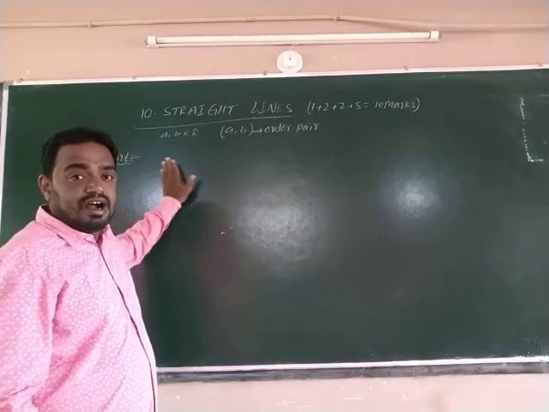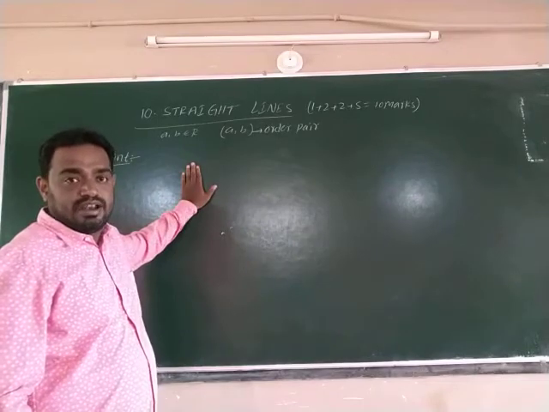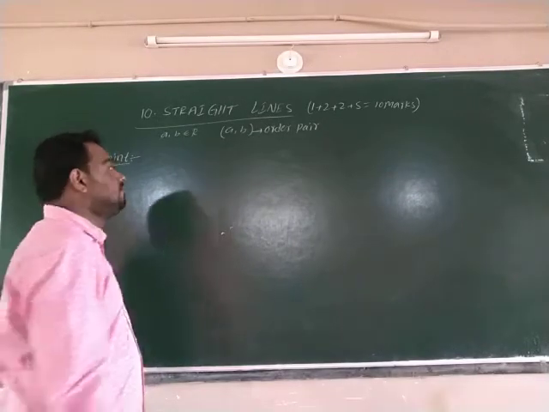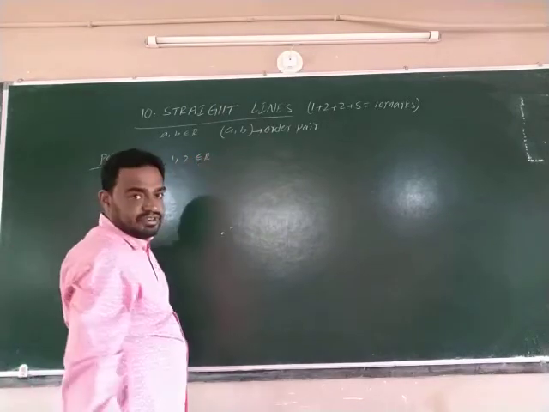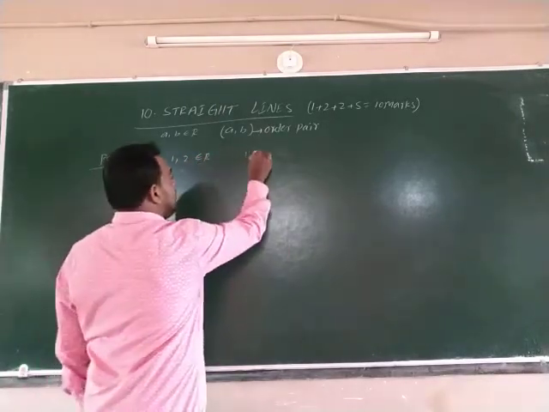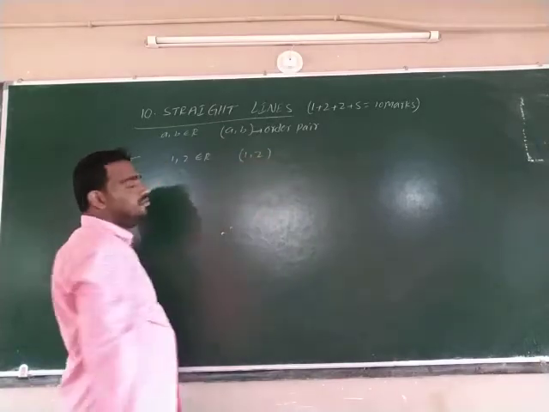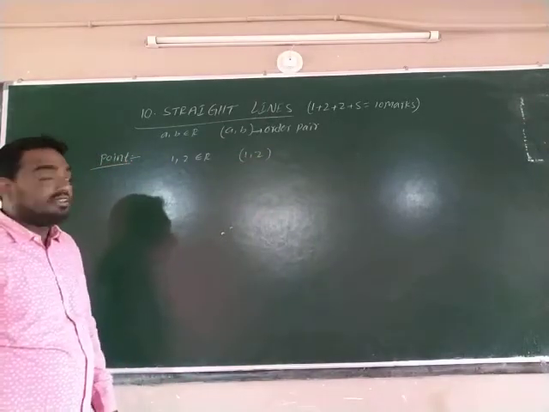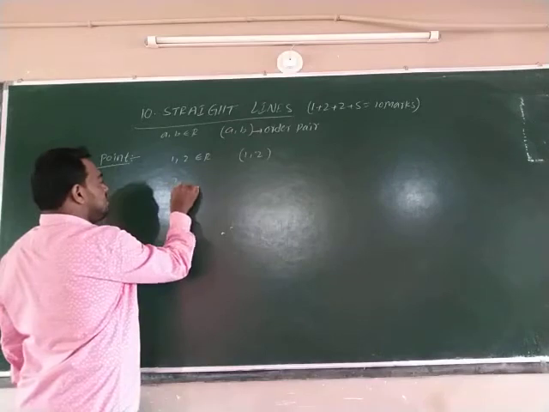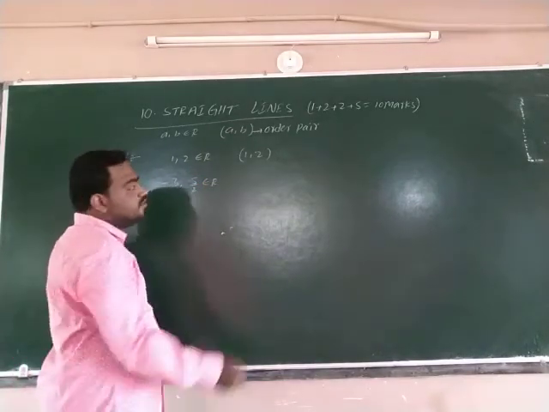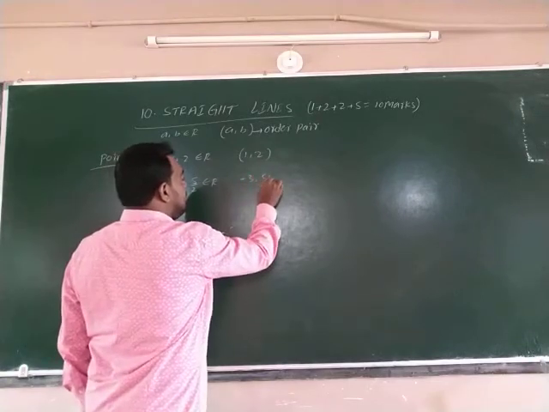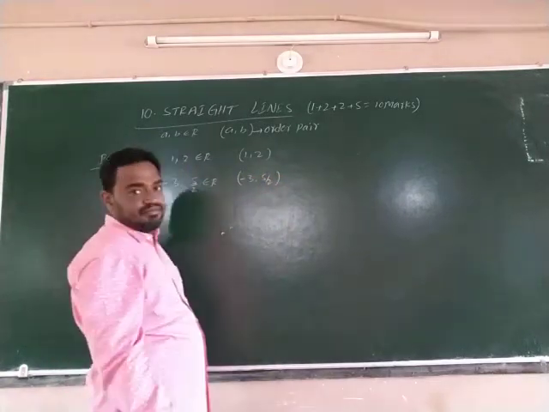For example, 1 comma 2 are real numbers, right? So this (1, 2) is called one of the points in the plane. Next, (-3, 5/2) also real numbers, also one of the points.